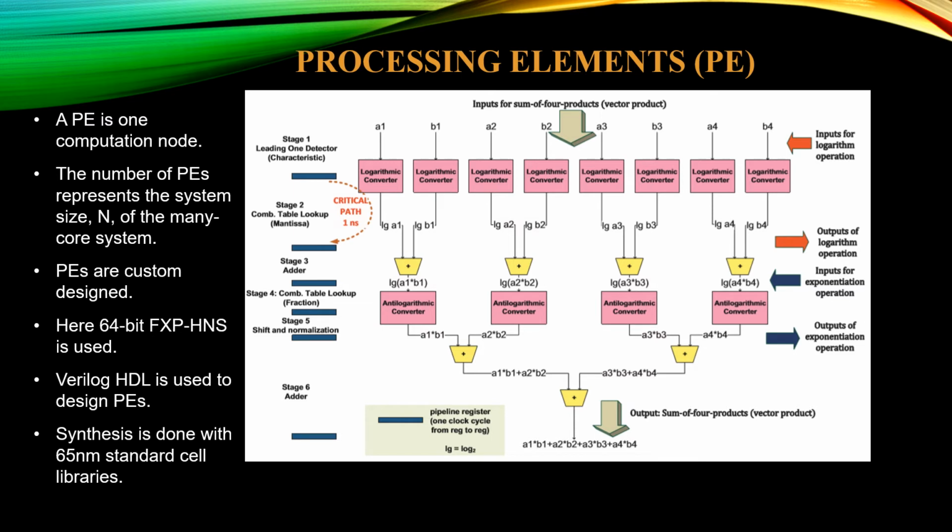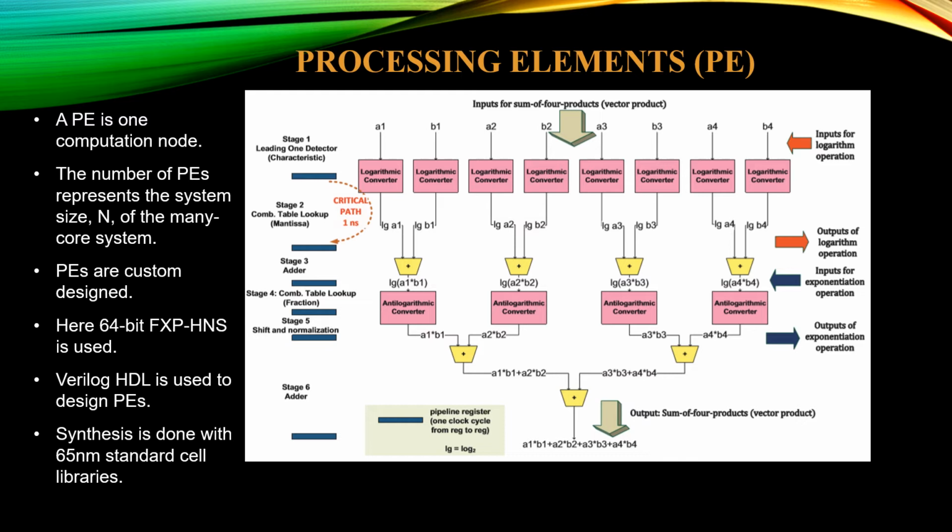Here, the diagram represents the data path architecture of one processing element. Like this, many processing elements will be present in a multi-core system. The number of processing elements represents the size of the multi-core system, which is represented by the letter N. We have already discussed that the processing elements are custom designed.